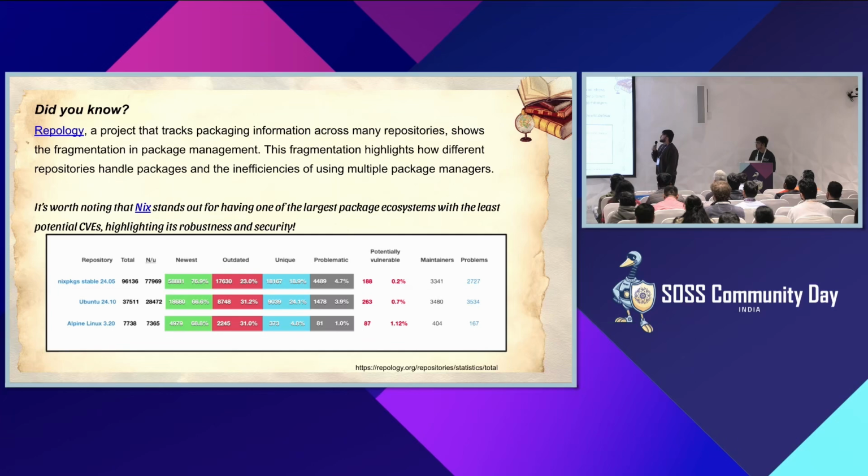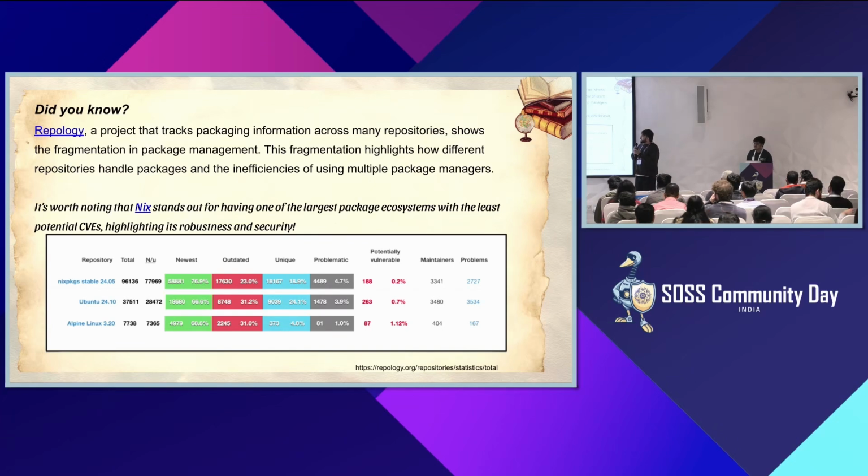Over here, we have a stat from Repology, which is a project that tracks all the packaging information for different package managers. It shows all the package managers that are there, the total packages for each package manager, and how much potential vulnerability these package managers have.